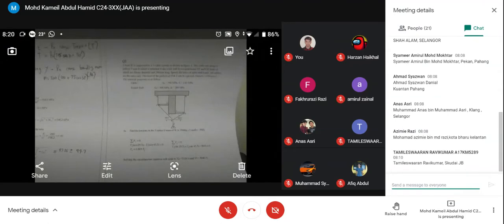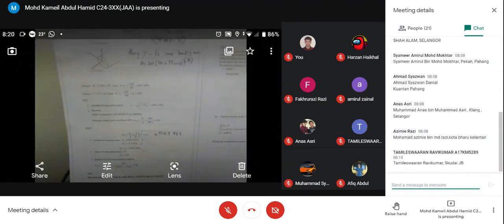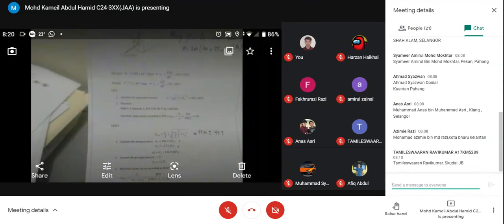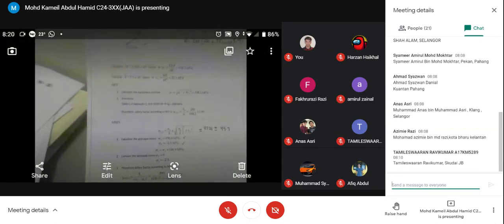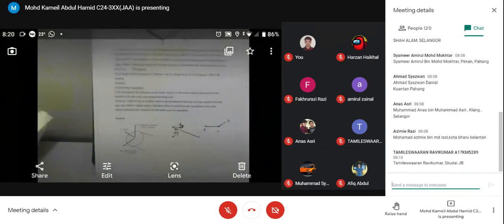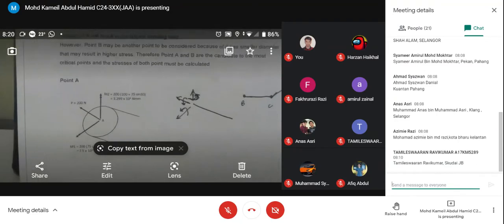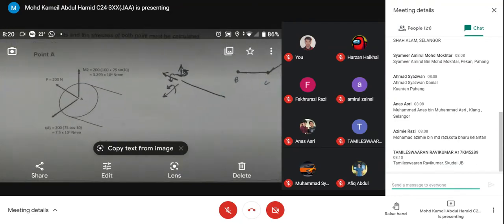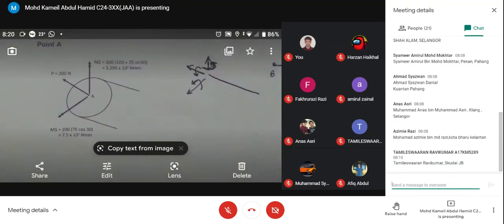Jawapan solution ni for that. Okay, this is the loading for point A. At point A, you will have these three reactions.